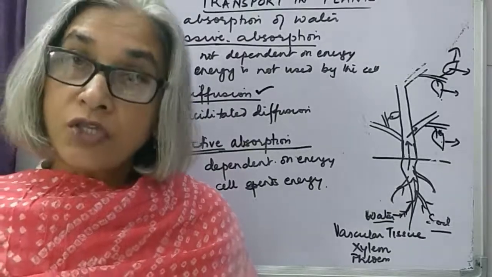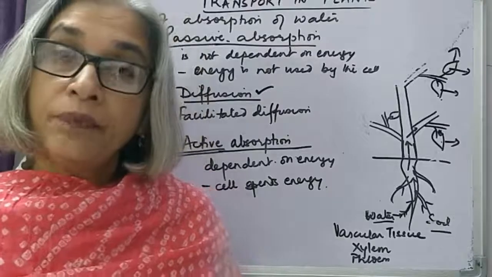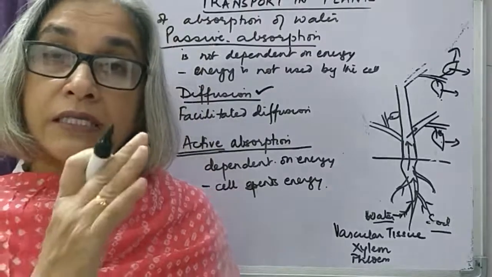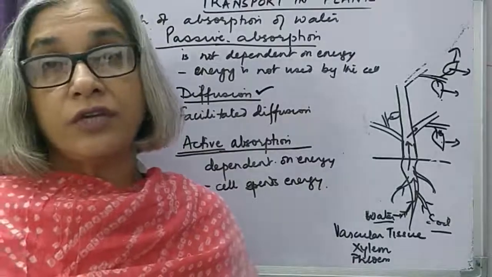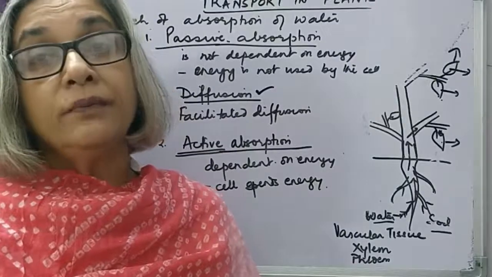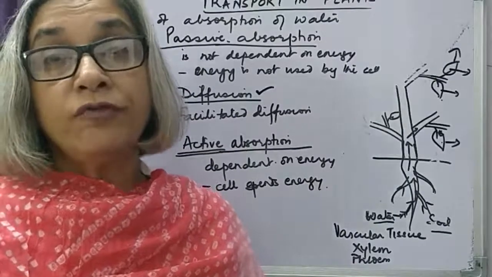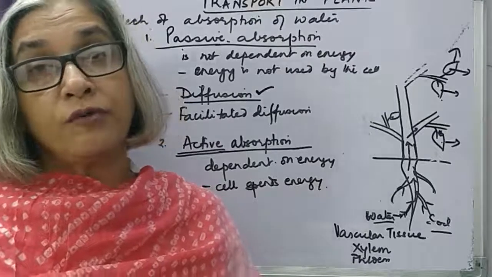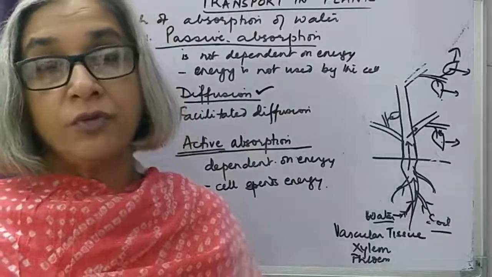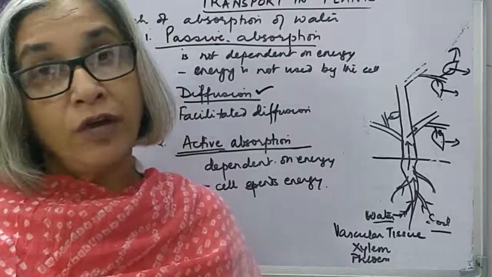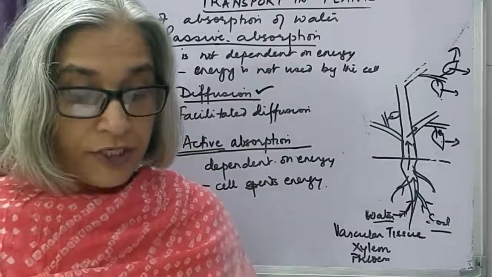This process of diffusion will continue until the two areas of different concentration become equal, or we say there is uniform distribution of substances, or the substances are evenly distributed in the two regions.